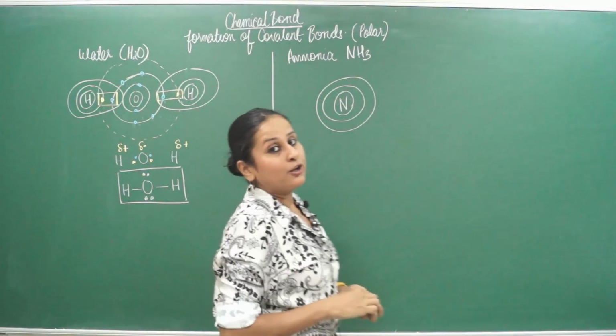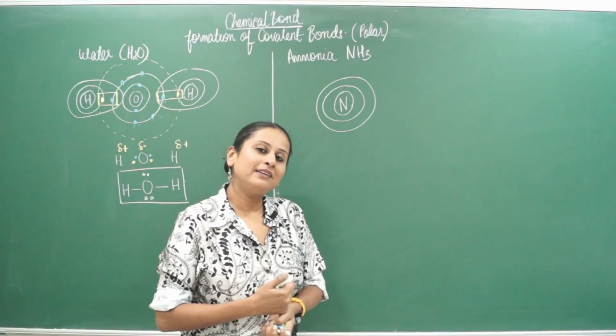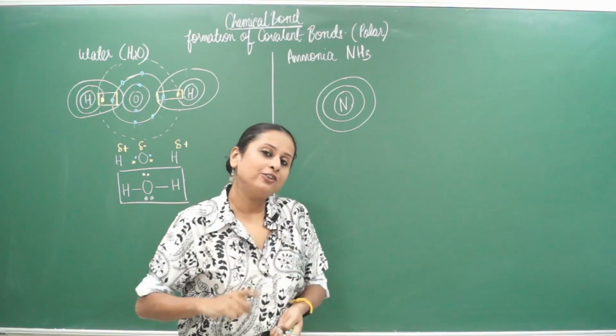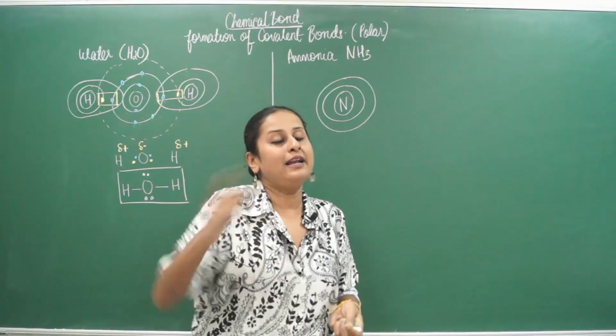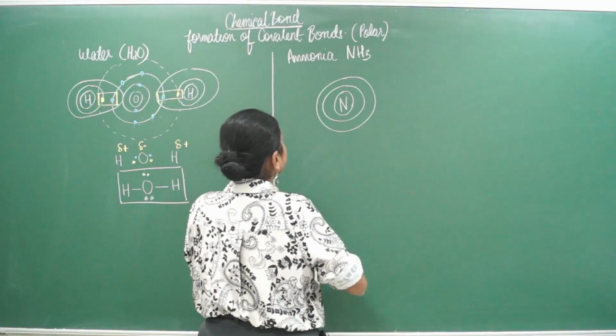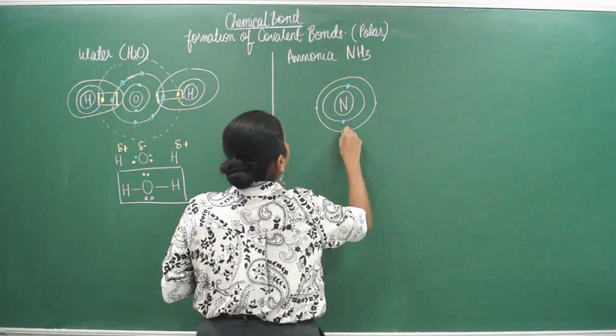So nitrogen's electronic configuration is 2, 5. How many electrons does it need to complete its octet? 3. How many electrons does hydrogen need? Each hydrogen needs 1 electron. So each hydrogen will share 1 electron with nitrogen. Alright? So nitrogen has 2, 5.